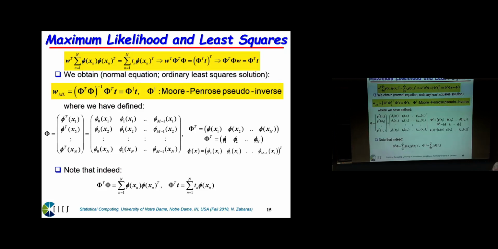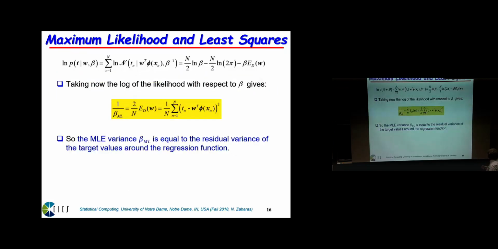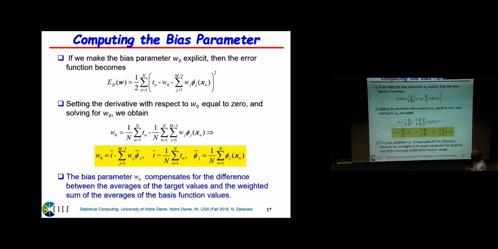If you don't want to do any maximum likelihood, you want to minimize the square error, this is what you get, and this is the phi matrix. This is the equation I was telling you about, the estimate of the variance. Basically the variance is the empirical variance, the squared error of the regression function from your target value. So this is exactly the anticipated answer.